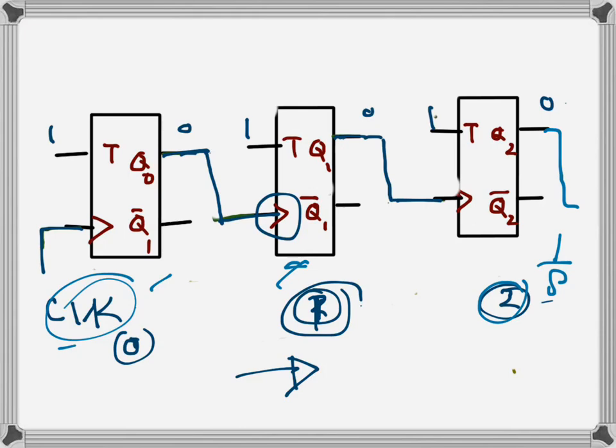If we had another stage, if it were a 4-bit asynchronous counter, the frequency would be 1/16th of the original clock signal. So that's how we can use it as a frequency divider.